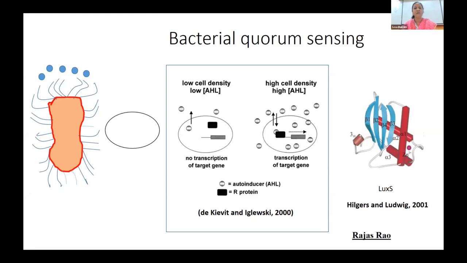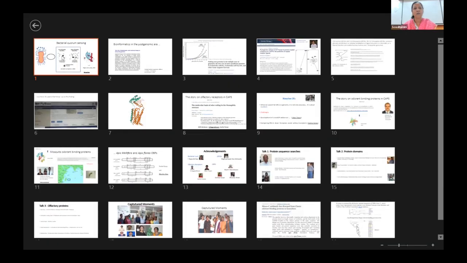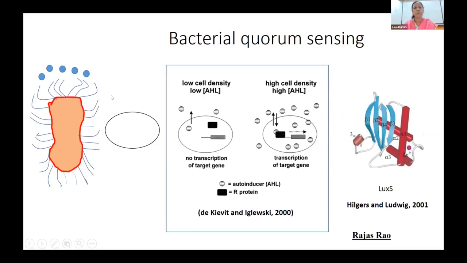And in this process, chemicals are coming out. They're spewed out by the bacteria, which are shown in this schematic as blue circles. These are then perceived by other bacteria, let us say of other species.